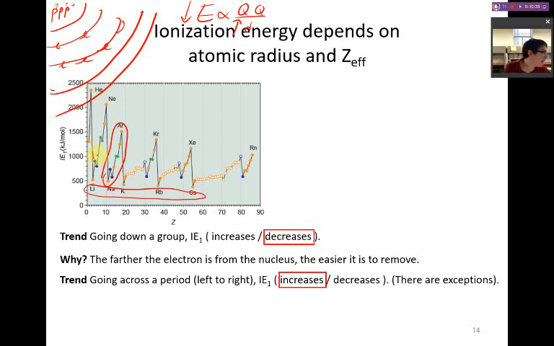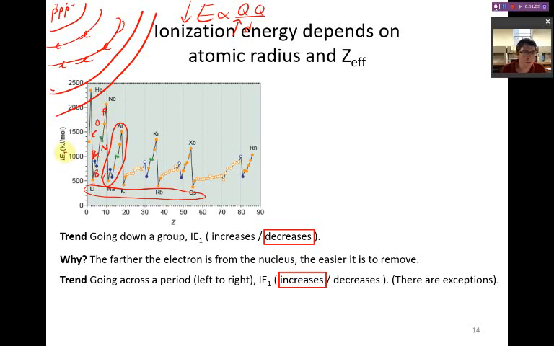After lithium, we have beryllium. And then we have boron, carbon, nitrogen, oxygen. Let's see. Lithium, beryllium, boron, carbon, nitrogen, oxygen. Fluorine appears to be missing here.